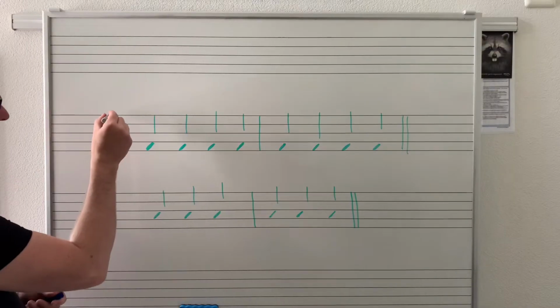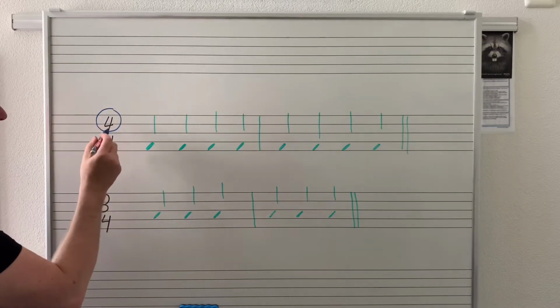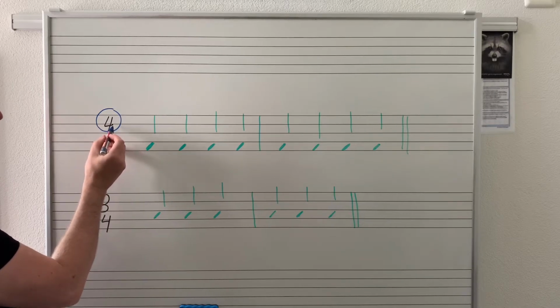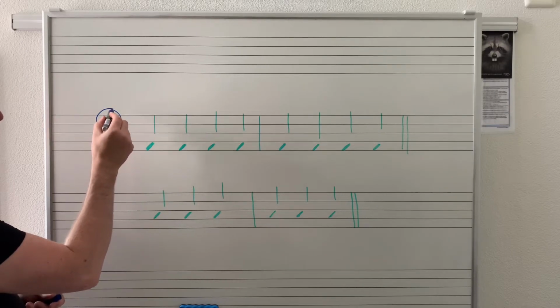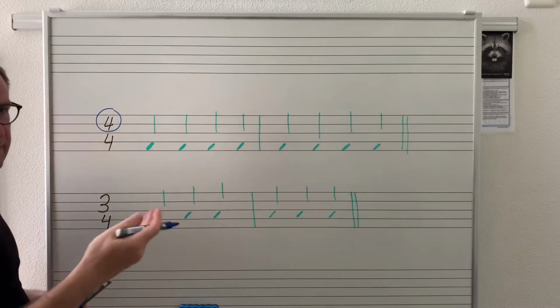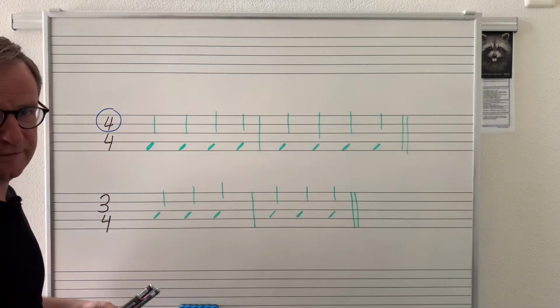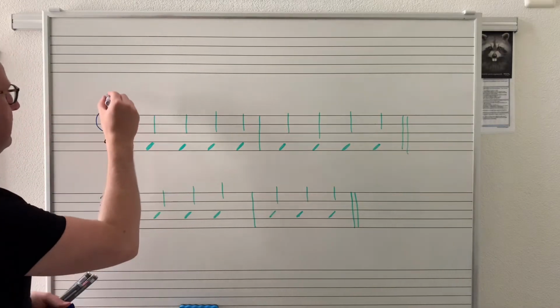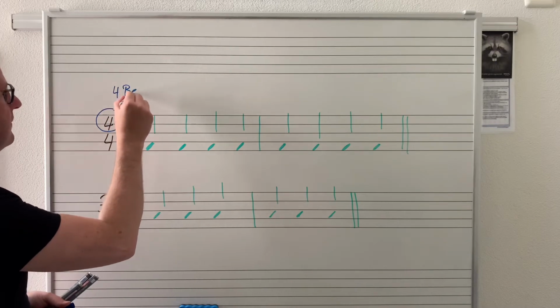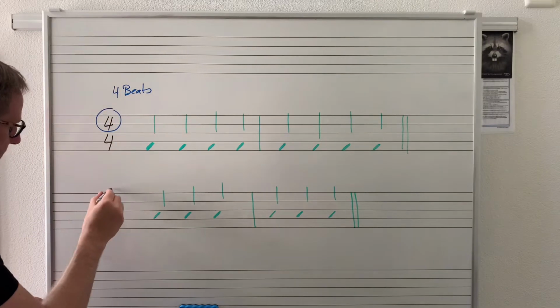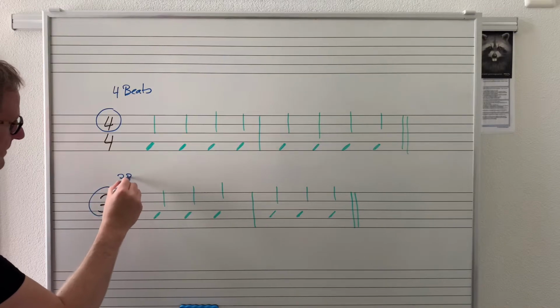A short look at these numbers here. The upper number shows you how many beats are in the bar. Here 4 beats. Here 3 beats.